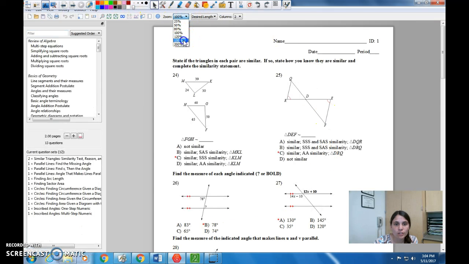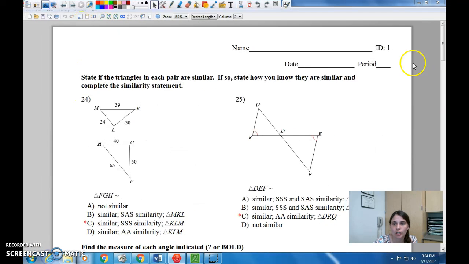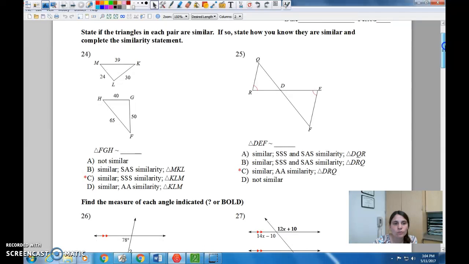We're now going to start talking about similarity, if these triangles are similar or not. Starting on 24, and let me hide answers. On 24, we have these two triangles, and we've got to figure out whether or not they're similar. All I know about these triangles are the sides.